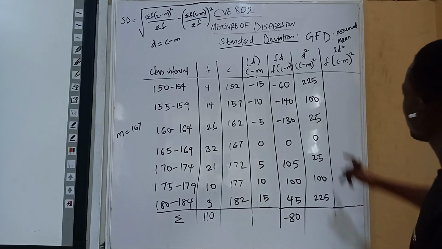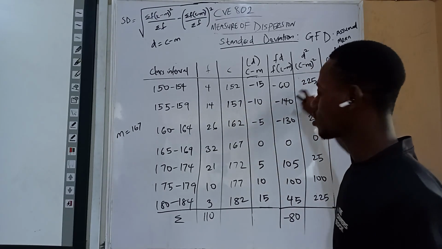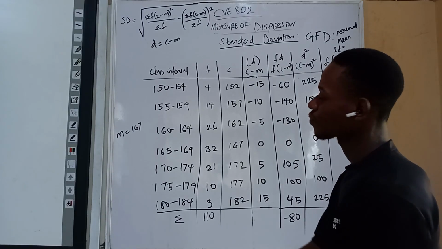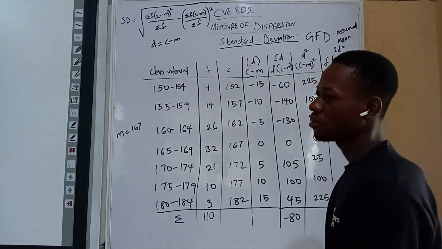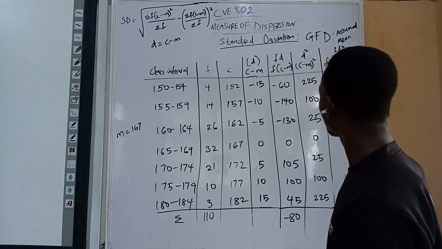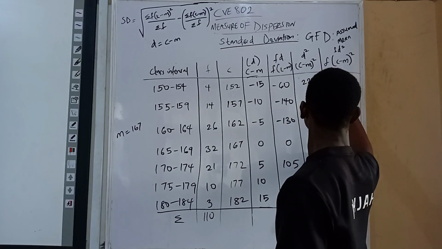Okay. So let's do our f times d squared. Our f is 4. 4 times 225 is 900.